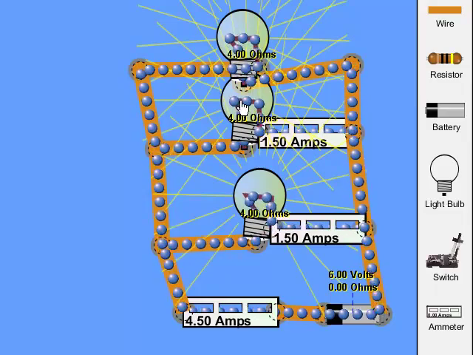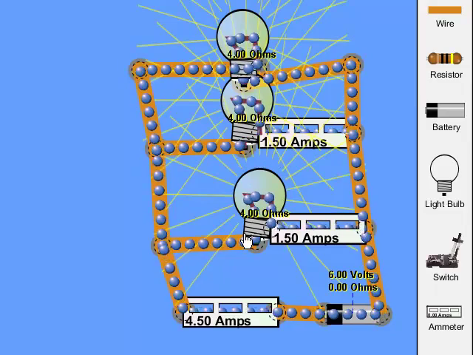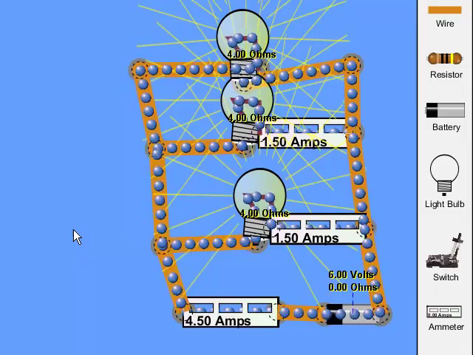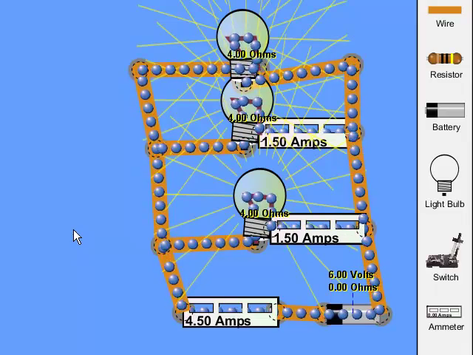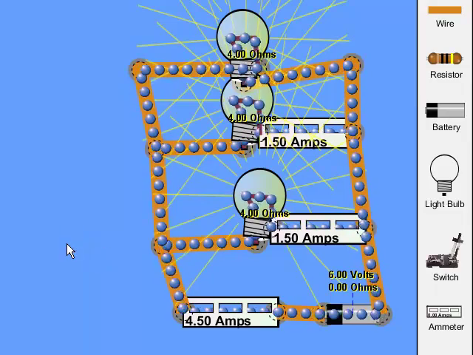And I showed that each one of these has 6 volts across them, so each one of them gets 9 watts, which is the same as it was in the simple single bulb circuit earlier on, and a total of 27 watts.